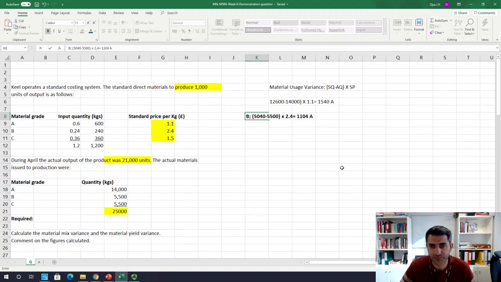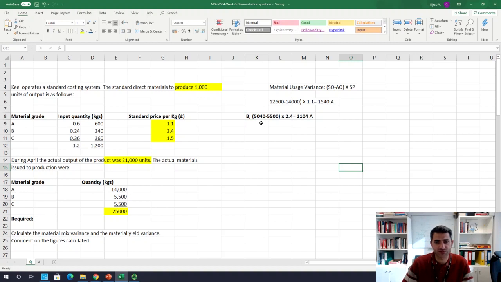So for material B, guys, that's 5,040 minus 5,500 times 2.4 equals 1,104 adverse. Again, why is it adverse? Because the actual material used was more than we expected.